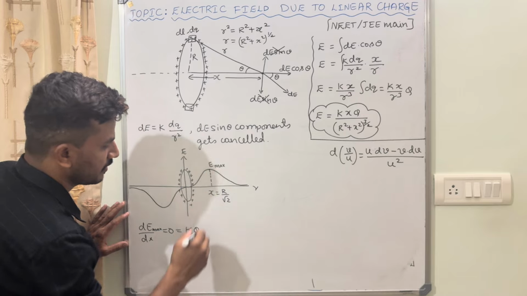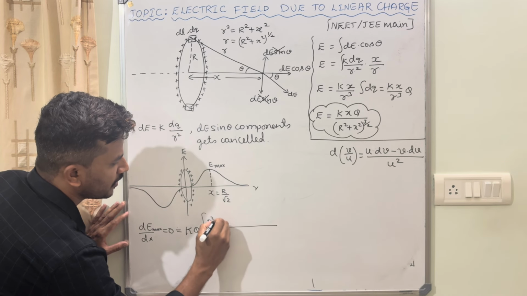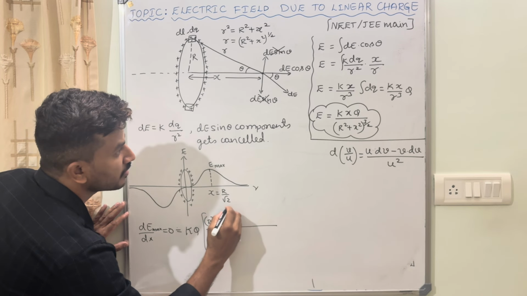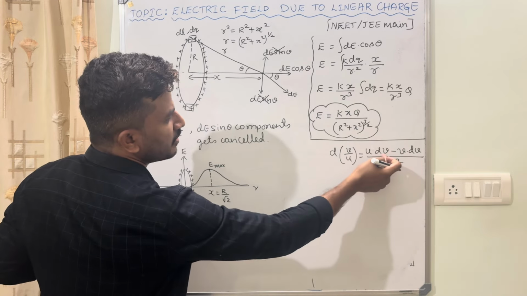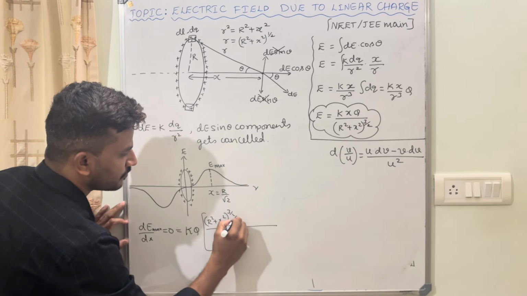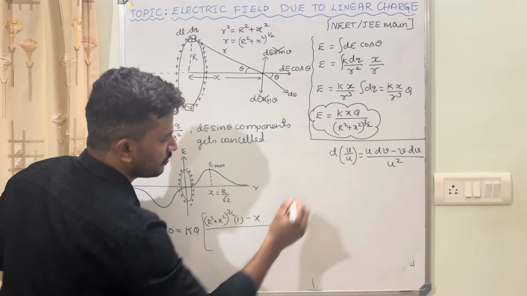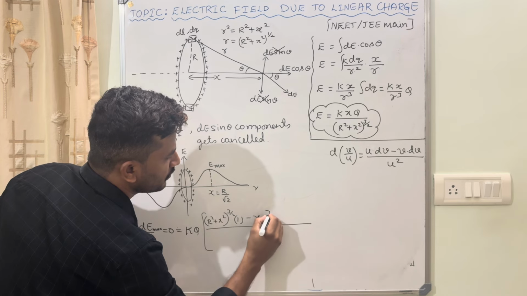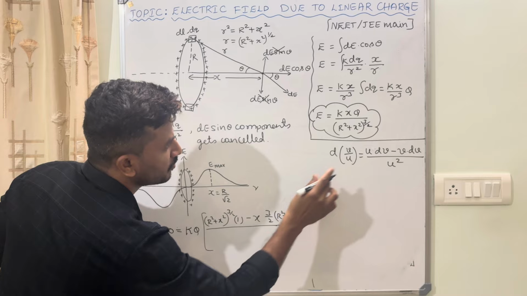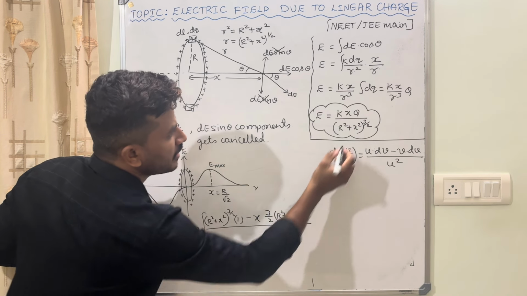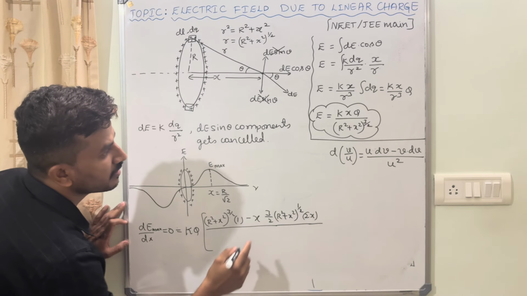Then we have the denominator, that is (r square plus x square) power 3 by 2. Denominator into differentiation of numerator, differentiation of x is 1, minus numerator into differentiation of denominator, which gives 3 by 2 (r square plus x square) power 3 by 2 minus 1, that is 1 by 2, into differentiation of x square, which is 2x, divided by denominator square.